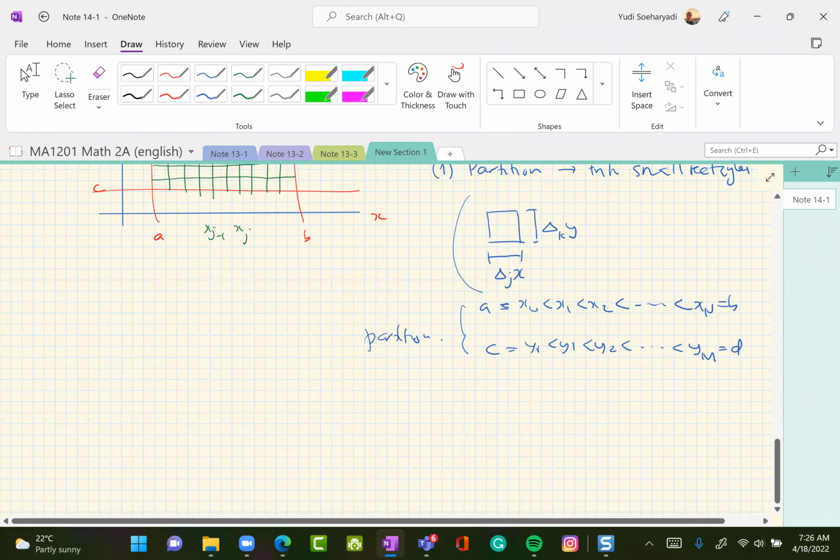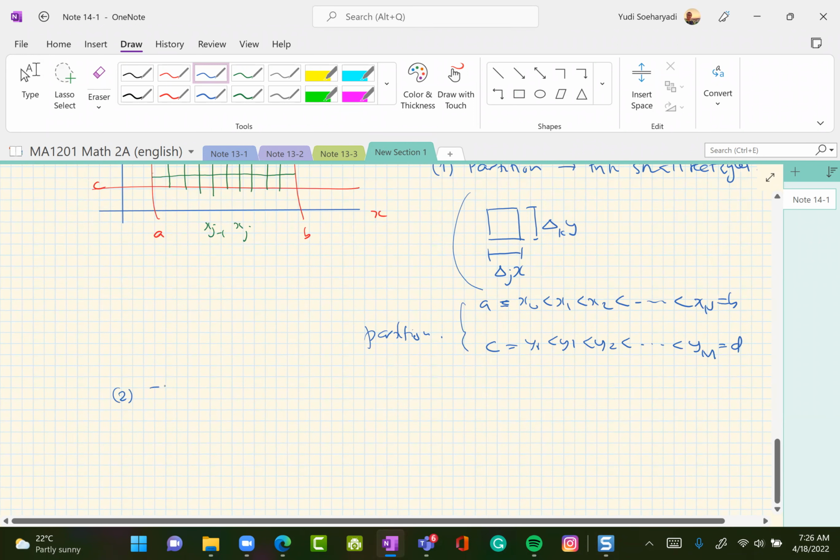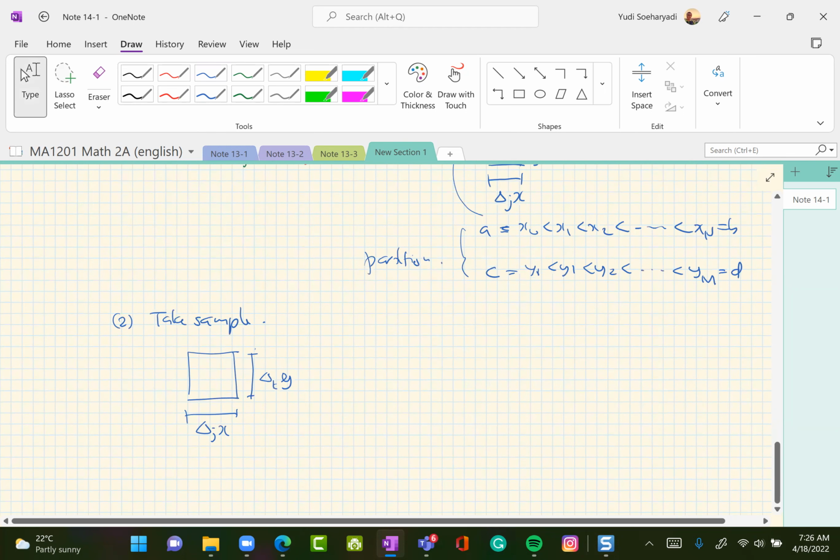Okay? And then second is take sample. So this is our sample, of area delta jx delta ky, okay? And take a representative.